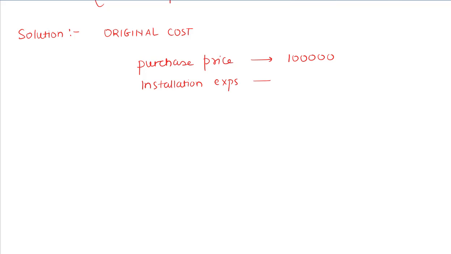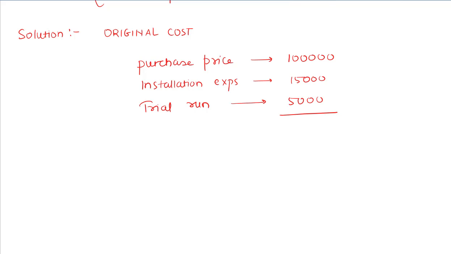Installation expenses are 15,000. Trial run expenses are 5,000.